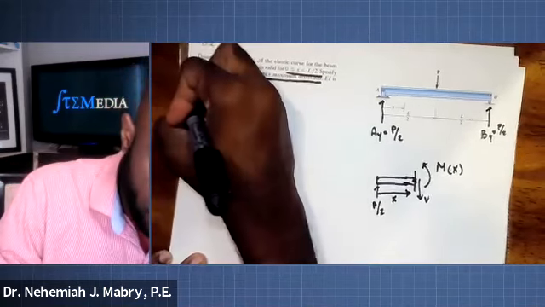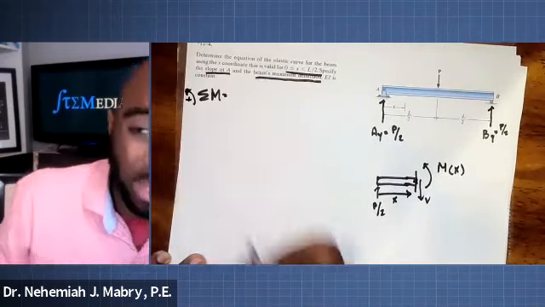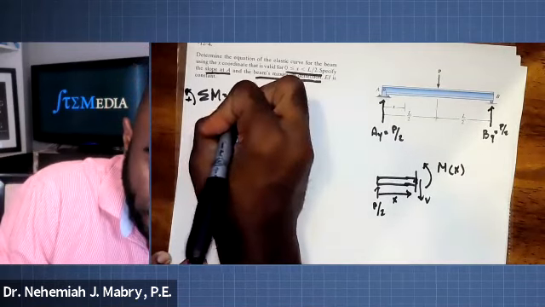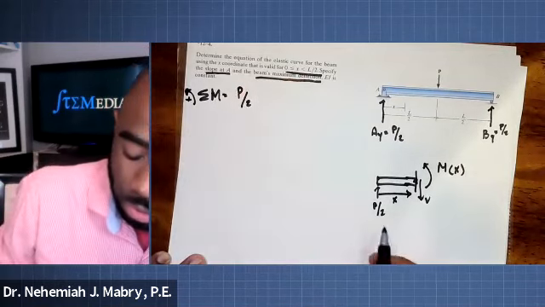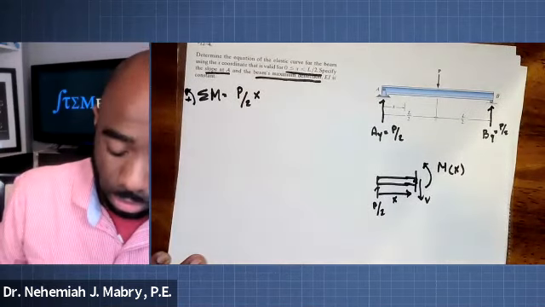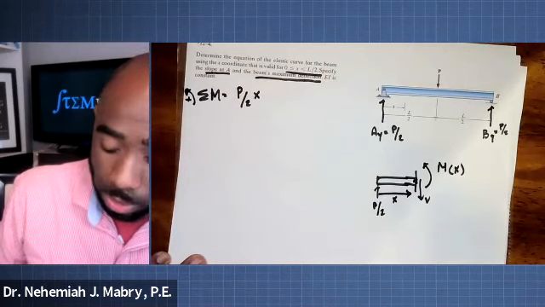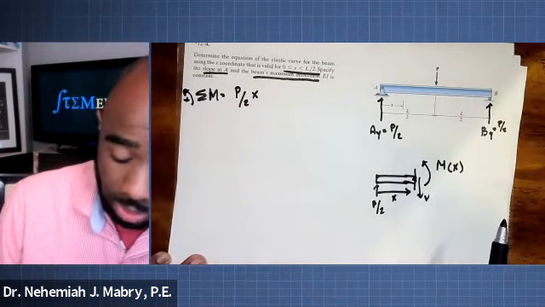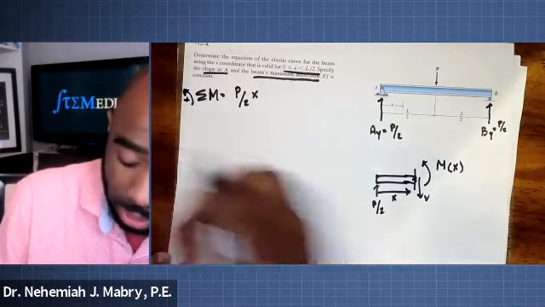and this was positive going this direction, we would have P/2 force times the distance of X. We would also have any other, well, P isn't involved, this P isn't involved in it. We would just have that, and that would be a negative.